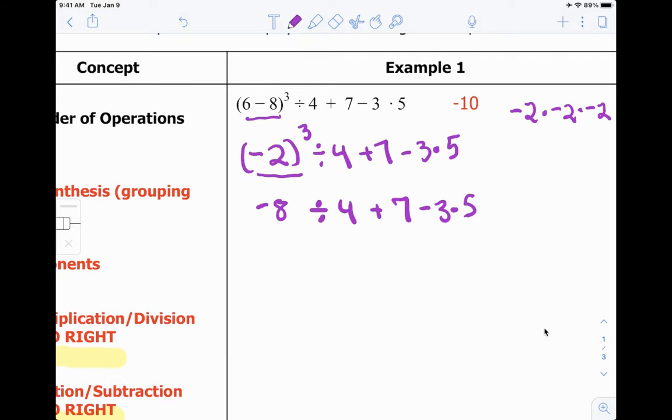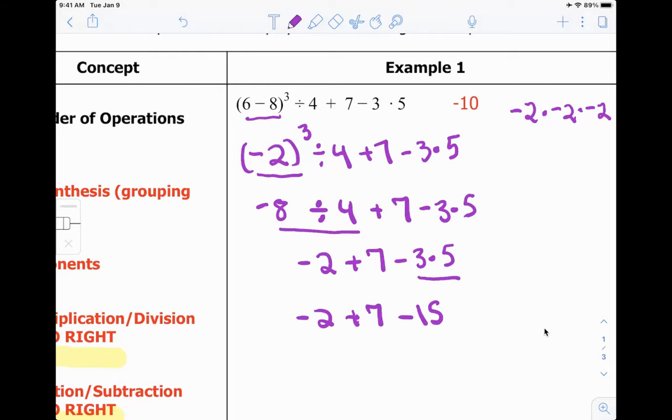So the third step is our multiplication and our division left to right. So I'm going to divide first because that is the operation that I see first, and the quotient of -8 and 4 is -2. I still need to do that third step because there is multiplication. And the product of -3 and 5 is -15.